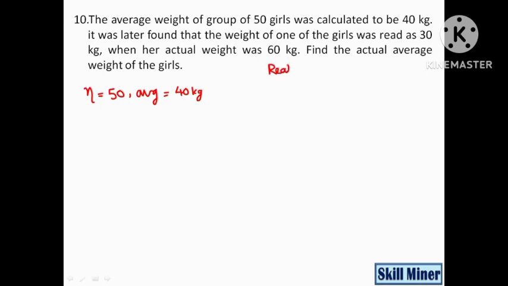The real weight of the girl is 60 kg, but wrongly it's inserted as 30 kg. So there should be a 30 kg increment to find the right answer.